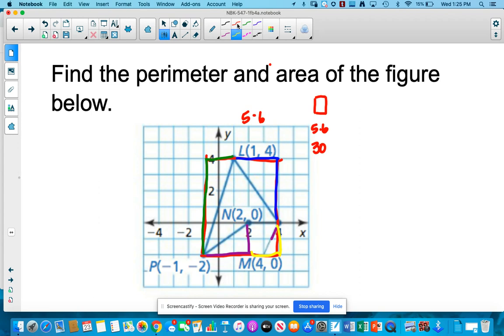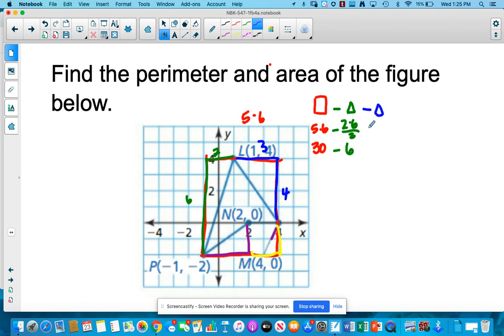So let's go ahead and figure out that green triangle. We know this green triangle is 2 by 6. So 2 times 6 divided by 2, which is really 6, right? Then we're going to subtract this blue triangle, which is 3 by 4.